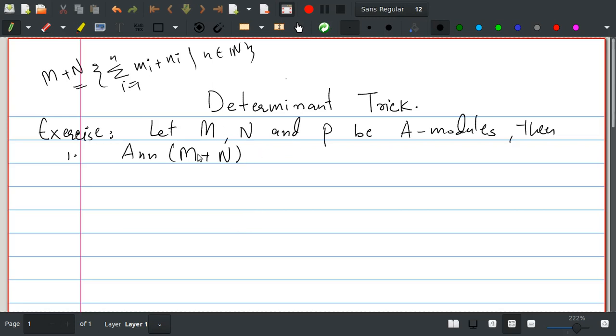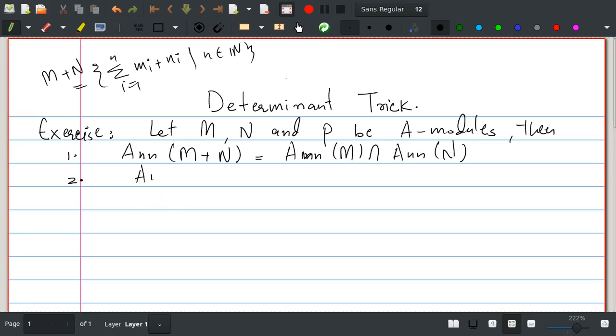So we have to prove the annihilator of this module is actually the intersection of the annihilator of M and the annihilator of N. This is our first exercise, and the second one is the annihilator of (N colon P).